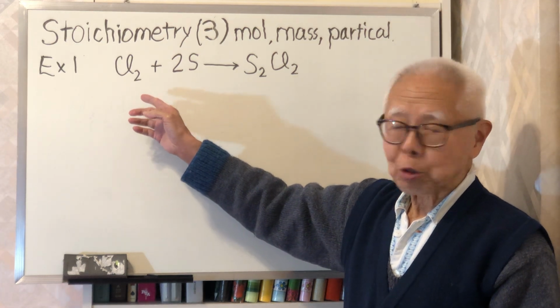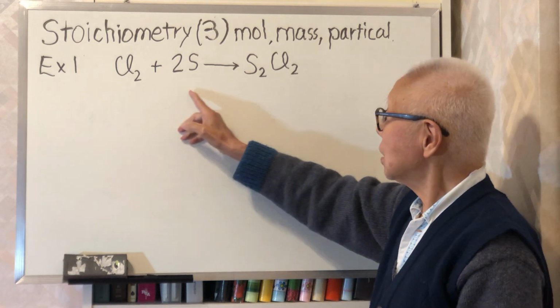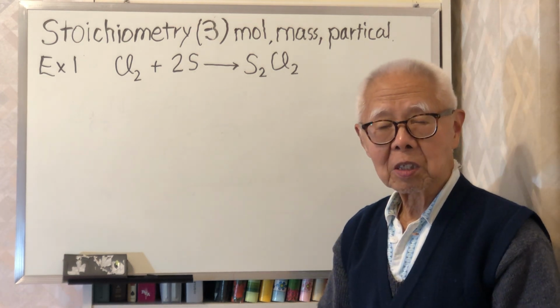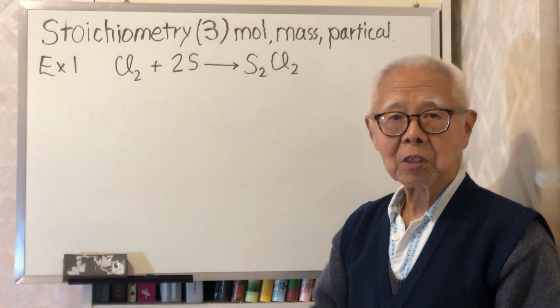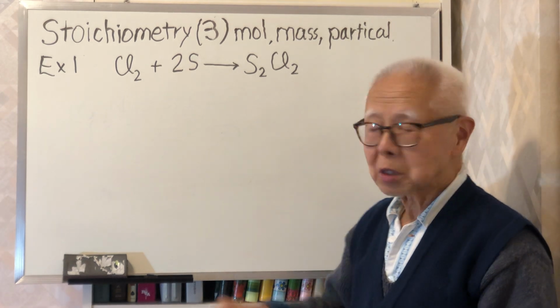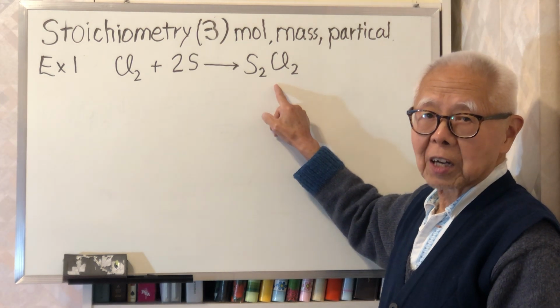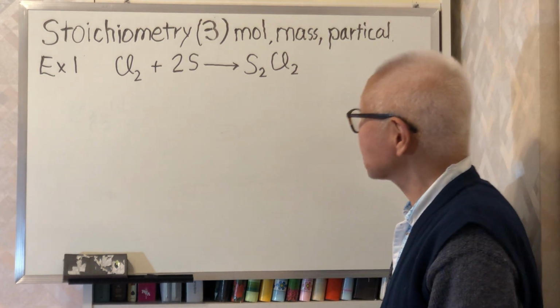The first example, I have chlorine and sulfur. They react with each other and produce what is called disulfur dichloride.